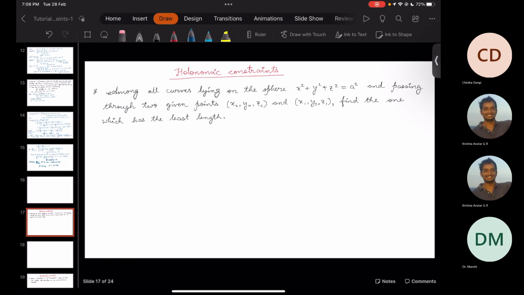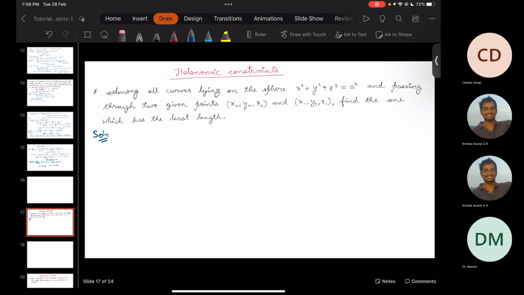Now what we do is, let's first formulate our problem. So we have to find the least length of a curve joining two points on a sphere.